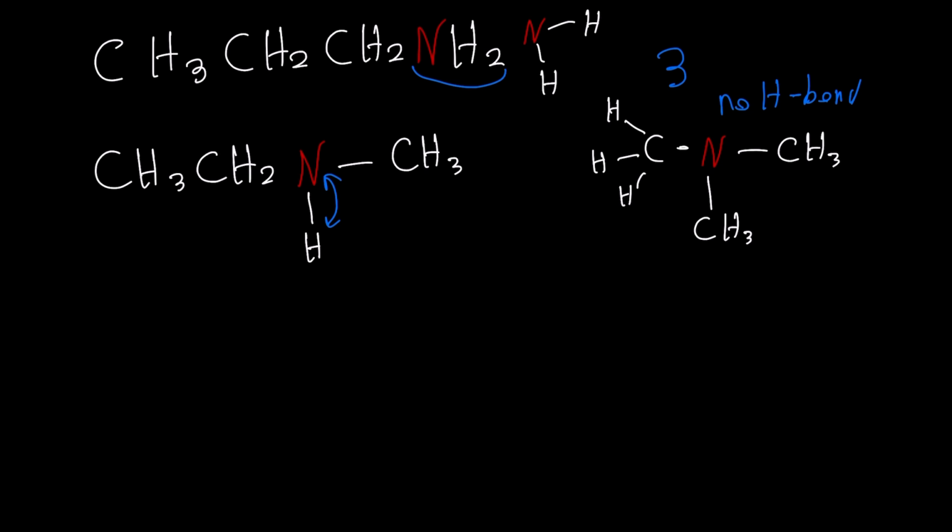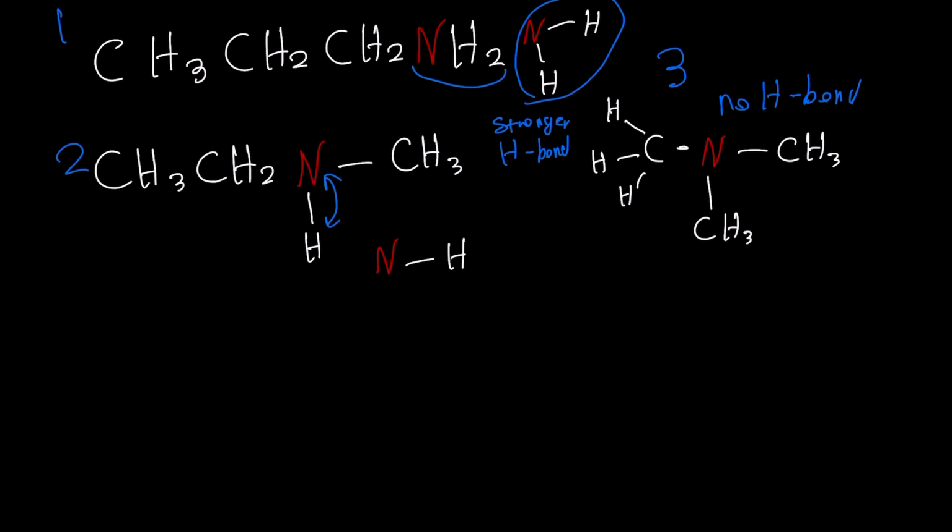In this one, it's bonded to 1 hydrogen. And when nitrogen is bonded to more than 1 hydrogen, it's going to have a stronger hydrogen bond. And so it's going to have the higher boiling point. So this one is number 1, that's number 2, and then this is number 3.